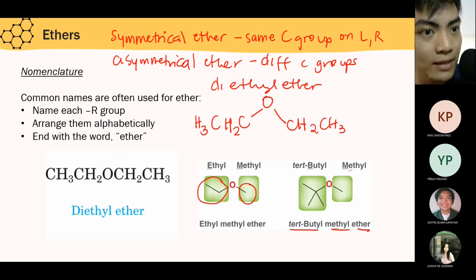Pero kapag yan ay asymmetric, ibig sabihin magkaiba sila, magkaibang alkyl groups. Tapos i-alphabetize mo na lang sila. Okay? So, for example, ethyl methyl ether, tert-butyl methyl ether. Pwede rin naman, tert-butyl ethyl ether. So, something like that. Okay? So, ganun lang siya ka-simple.